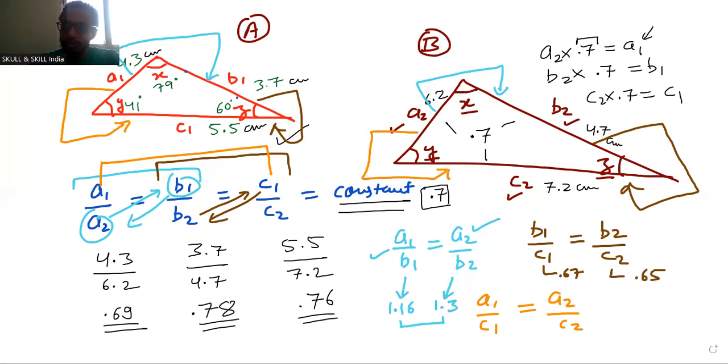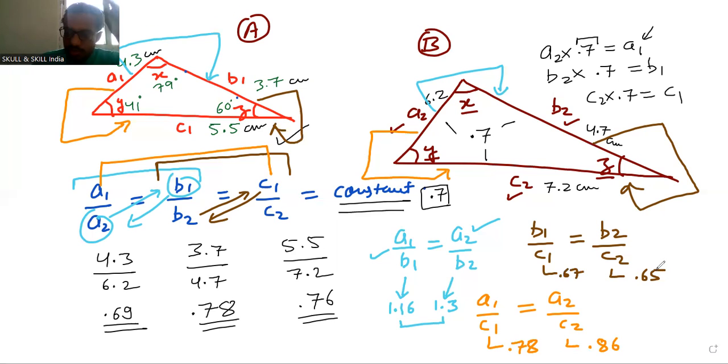Let's do A1 upon C1, which is 4.3 upon 5.5, which is 0.78. And A2 upon C2, which is 6.2 divided by 7.2, is 0.86.